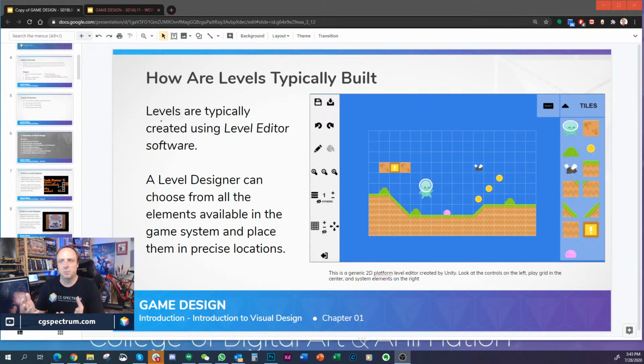CG Spectrum is much more hands-on, and we really work with you to help build your portfolio in such a way that you'll be able to get a job when it's all said and done. But yes, we're not currently officially accredited, but hopefully by next year we'll have a lot more accreditations worldwide, and that will allow you to take financial aid and things like that.